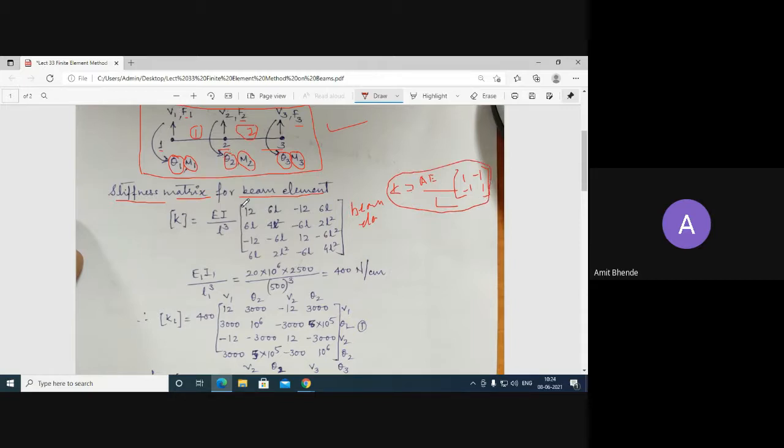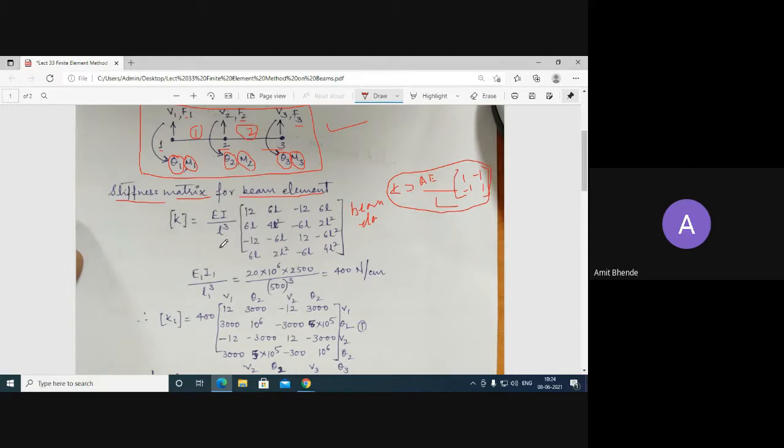But the stiffness matrix for beam element is this. There is a complete derivation for the element stiffness matrix of the beam element, but we will not go into the derivation part, because if you go into the derivation part, then this lecture would not have completed in 1 hour.